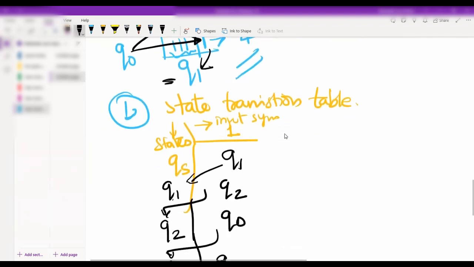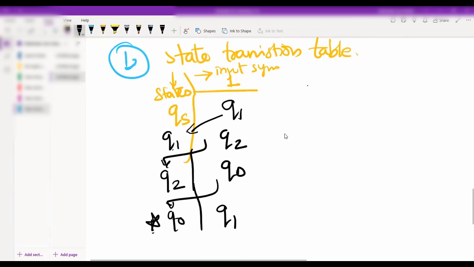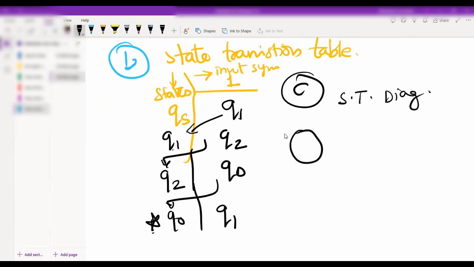Now we will go for the third step of your TCS method, that is designing the state transition diagram. We will represent each state by a circle, and the first state that we consider is QS. As QS is the starting state, we will mark that state by putting an arrow.